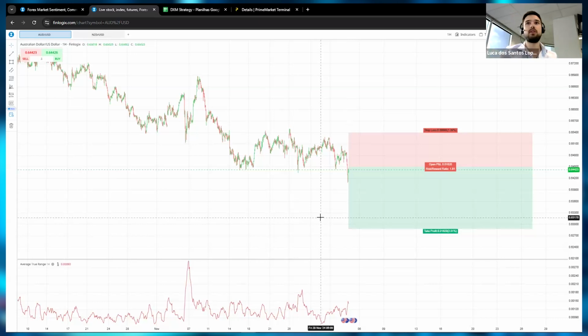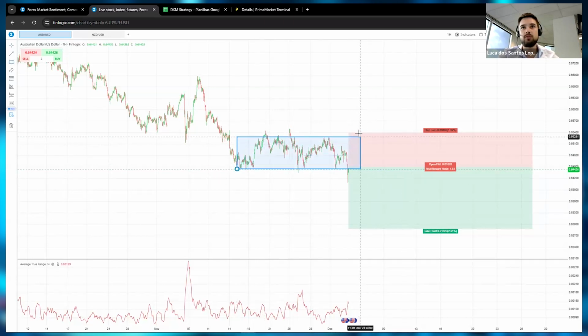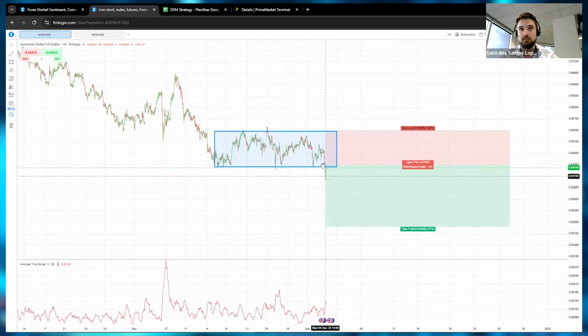Let's catch this one, AUD USD. It's supposed to be on a consolidation, but it broke to the bottom. It broke down. So maybe let's assume that this is what we got, and then the market won't come back to here. So let's go for this one. I will use 1.5% risk on this one as well.